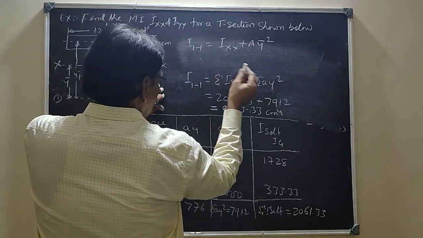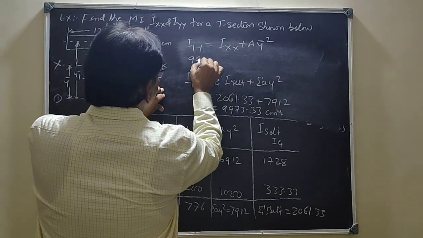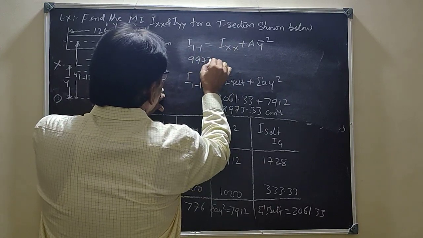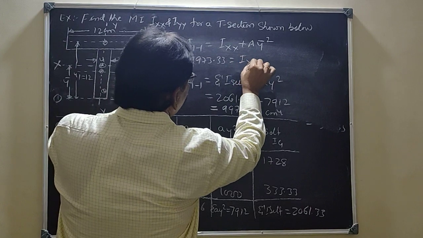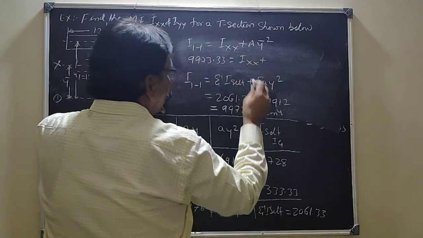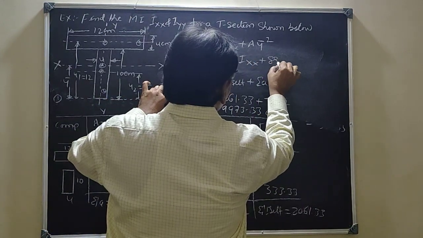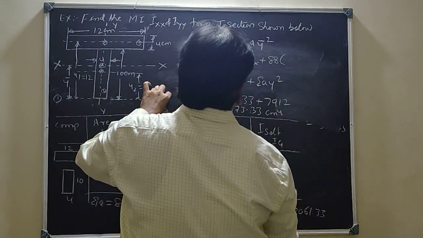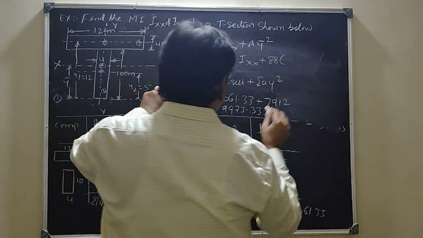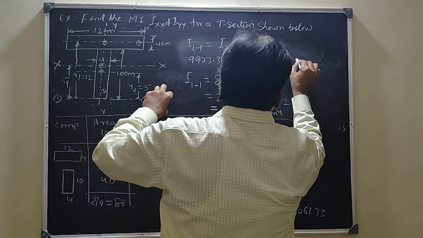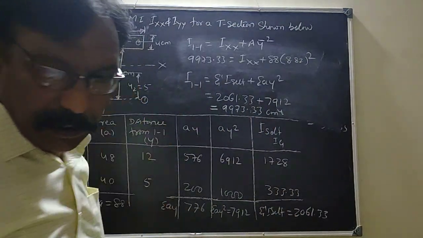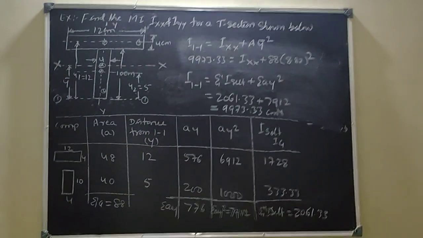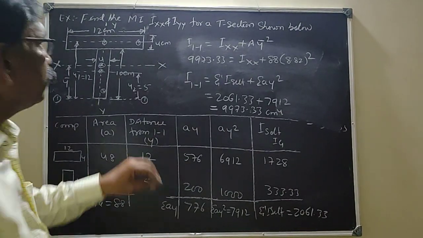So therefore 9973.33 must be equal to Ixx plus the area, 88, times y bar, 8.82 square.